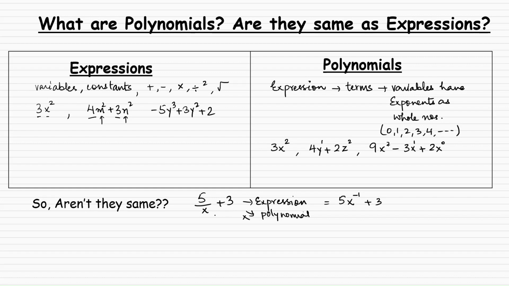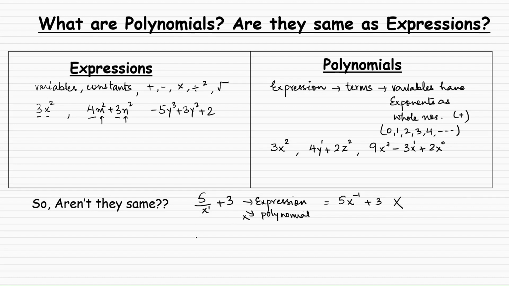How did I get this? Here the exponent of x is 1. When I shift this x from the denominator to the numerator, the exponent 1 will become negative. Now, if you look at this expression, the variable x has the negative exponent. But what is the condition for polynomials? The variable should have exponents as whole numbers, meaning positive numbers. But here, the exponent of the variable x is negative. So, this is not a polynomial.